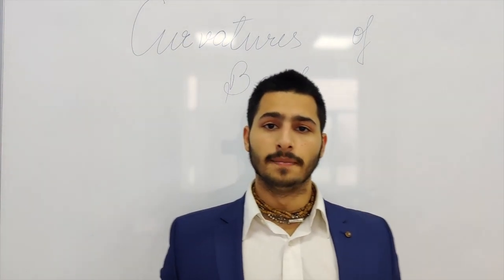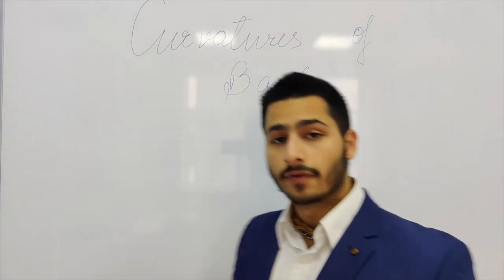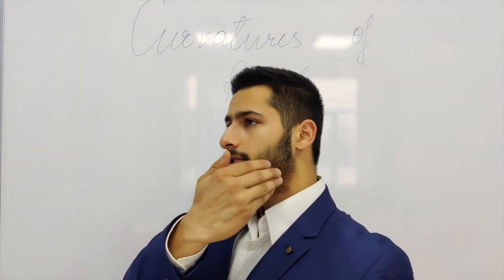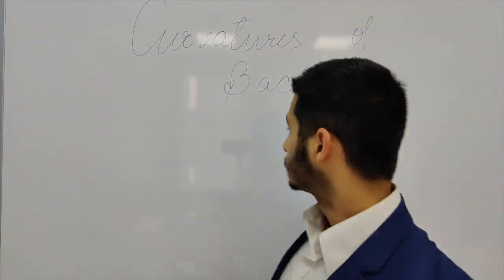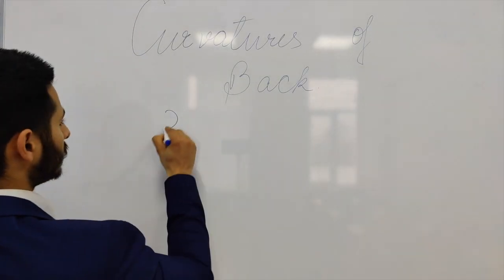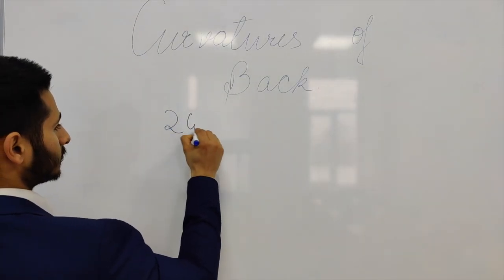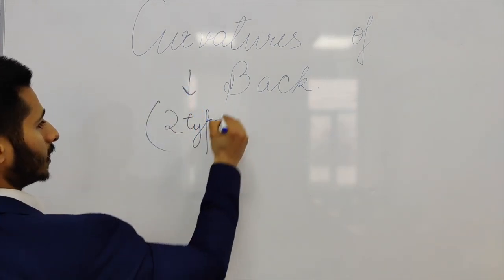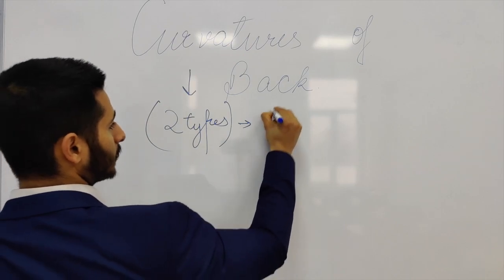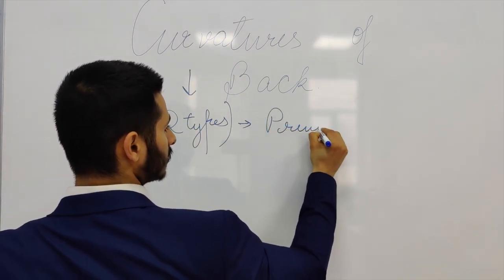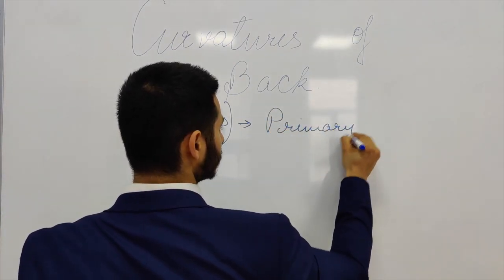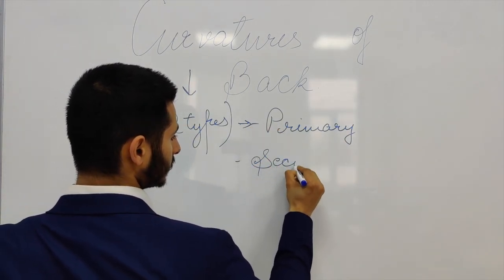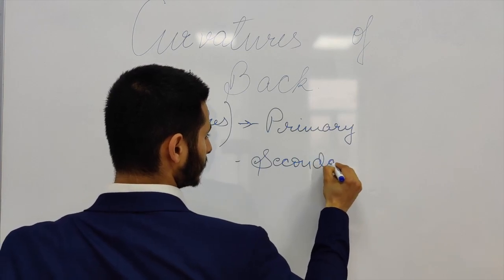When we view the back laterally, that is from the side, we can observe certain curvatures in the back. So we have two types of curvatures: the primary curvature and the secondary curvature.